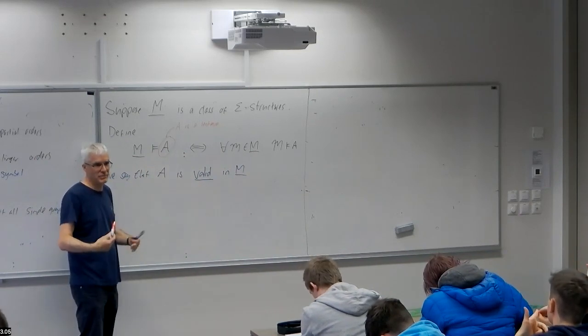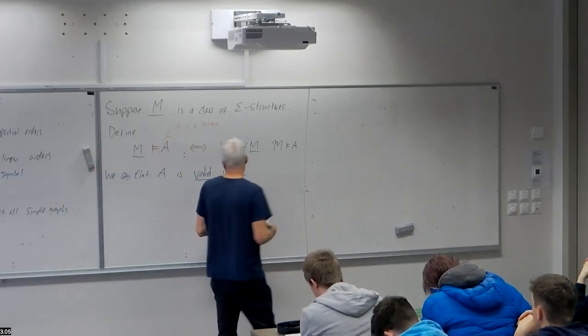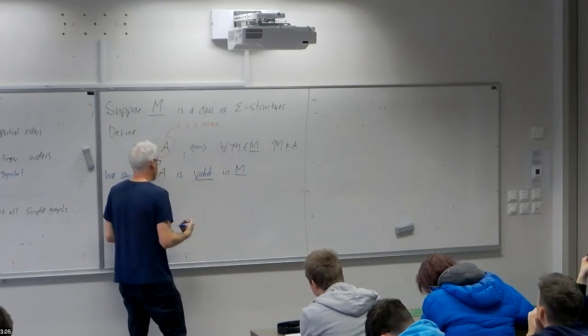Truth is about being true in one structure, and valid is about being true throughout a class of structures.